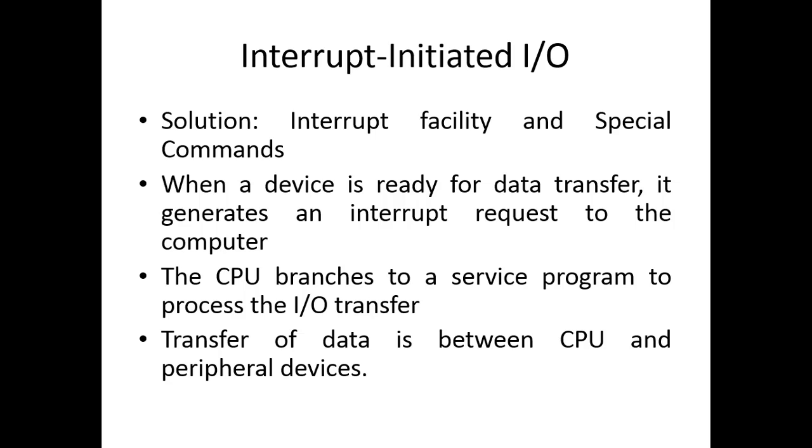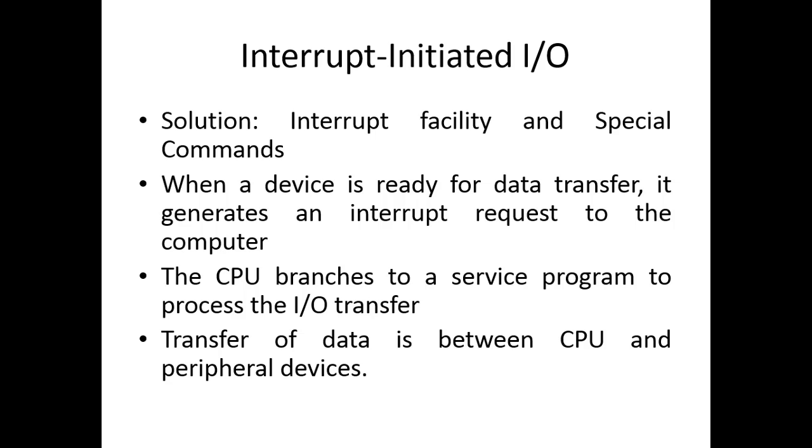To deal with the said problem, the CPU can be informed by the peripheral device which is ready for communication and wants to communicate with the memory or other parts of the system. So an interrupt signal is generated by a peripheral device that wants to communicate with the system.